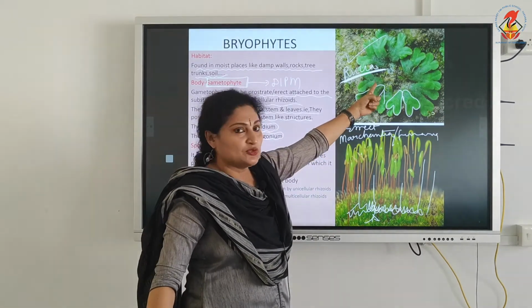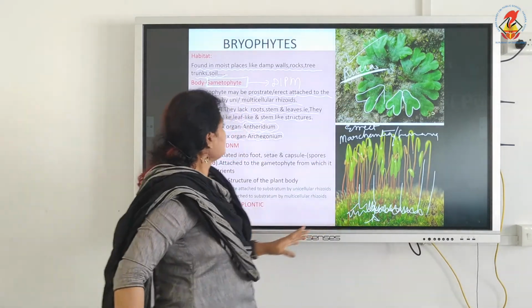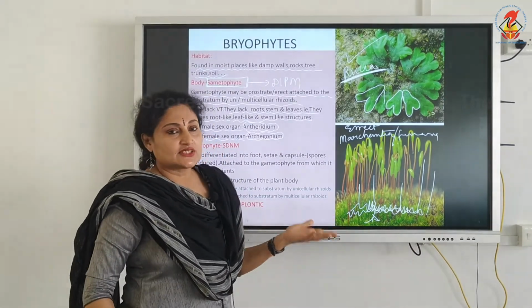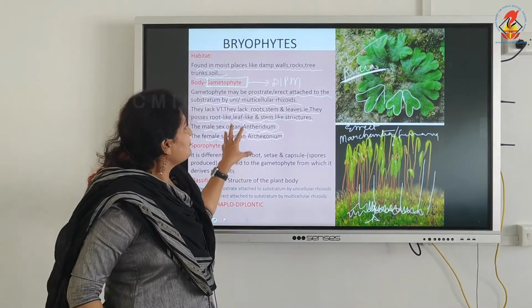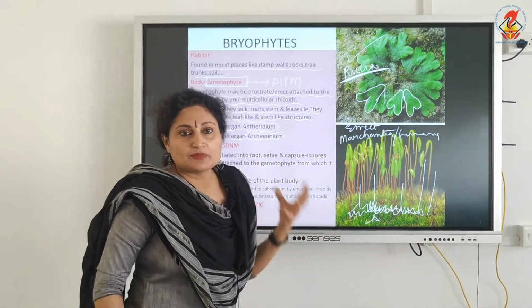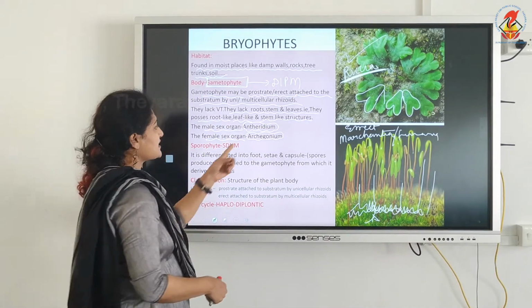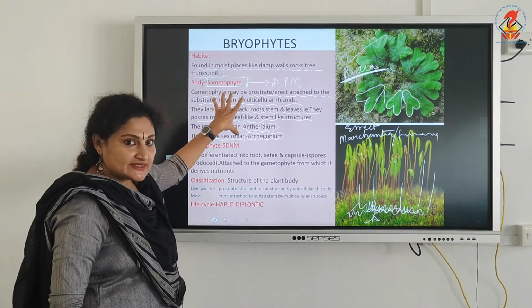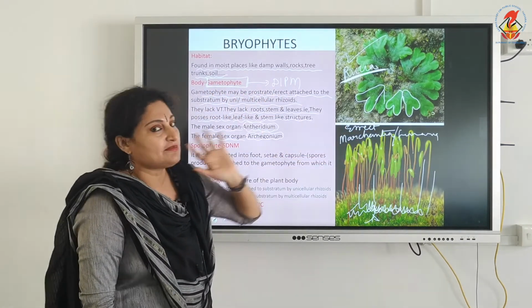The rhizoids can be unicellular as in this case, or multicellular as in this case. What they possess is not true roots, leaves and stem, it is false: root-like, leaf-like, stem-like structures. And being gametophyte, they produce gamete producing structures, that is the male and female sex organs, namely antheridium and archegonium. So that's all about the gametophyte, which is DIPM: dominant, independent, photosynthetic and multicellular.